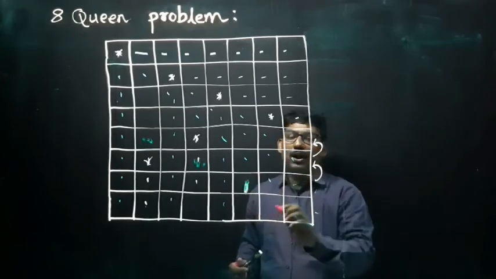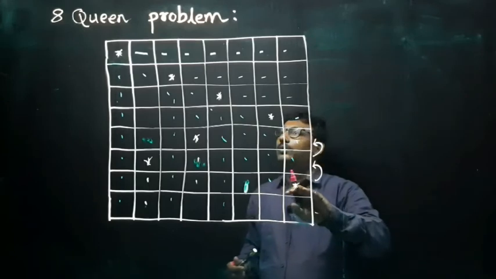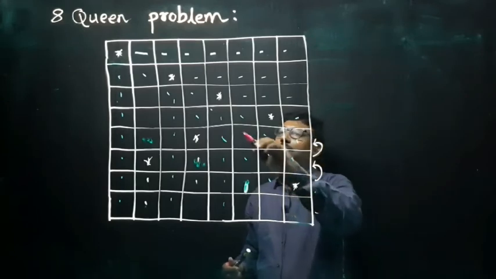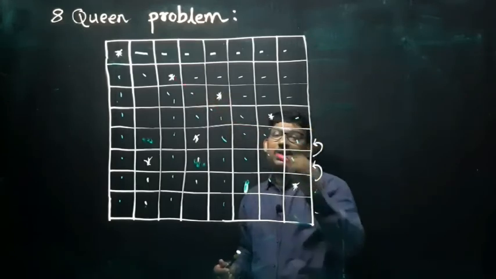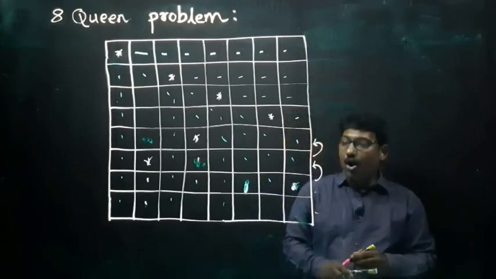Already we kept here, so I am keeping this here. Diagonally we are getting an obstacle again here. So this is also a wrong solution.